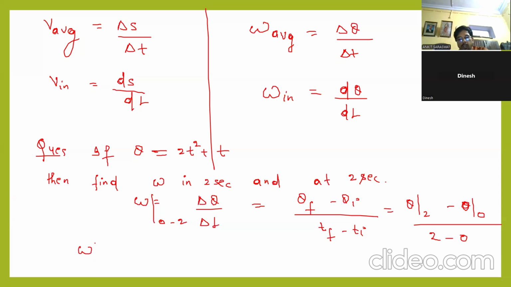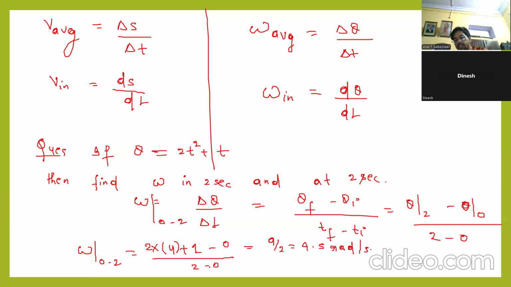Theta at 2 seconds is 2 times 4 plus 2, which is 10, minus 0, divided by 2 minus 0. So the answer is 5 radian per second.